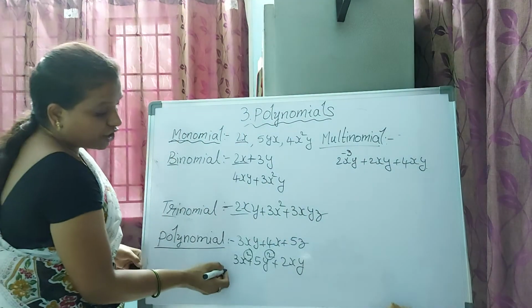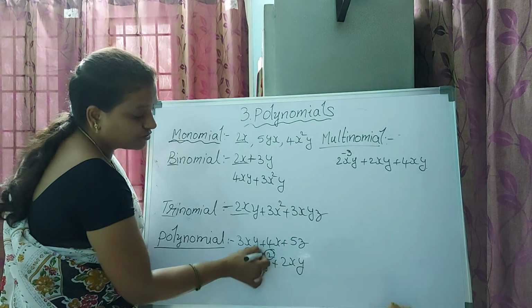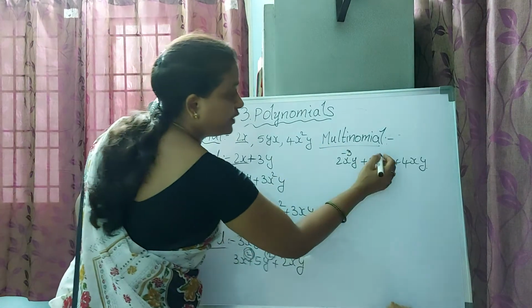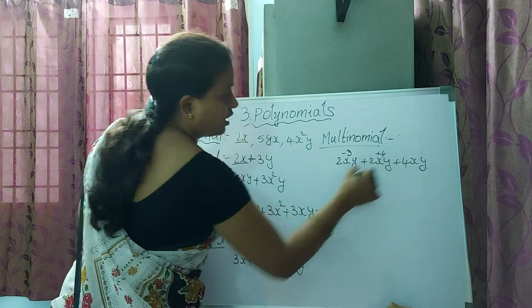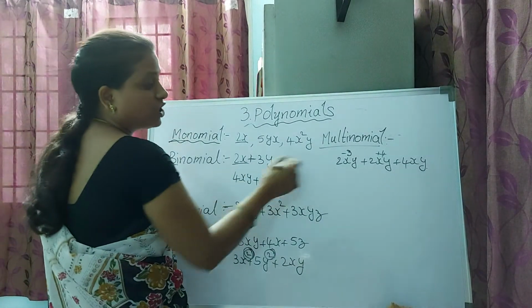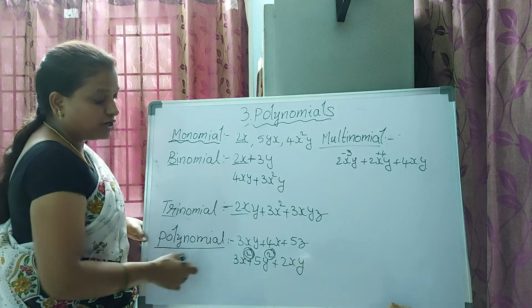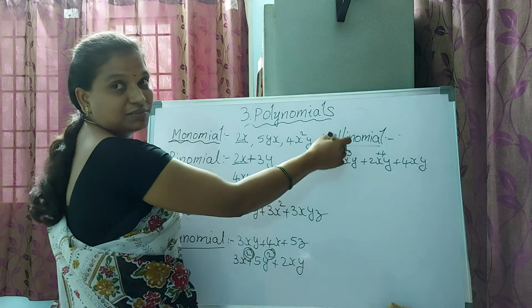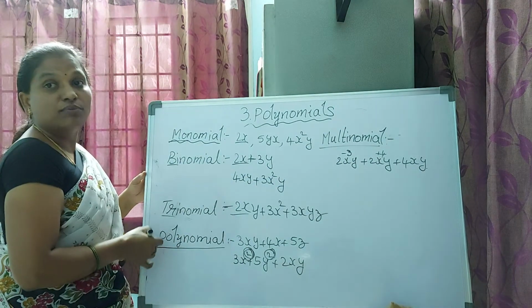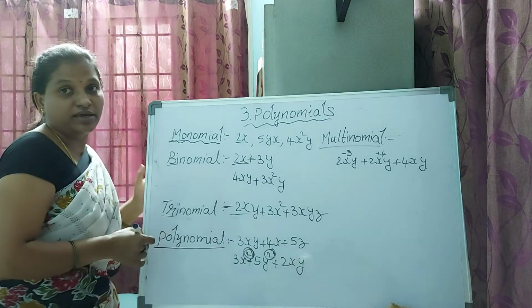See, polynomial means only positive power should be there. But here in multinomial, it may be negative or positive also. Either positive or negative, both we can take. So, all polynomials are multinomials. But in the reverse case, all multinomials need not be polynomials. Okay, thank you.